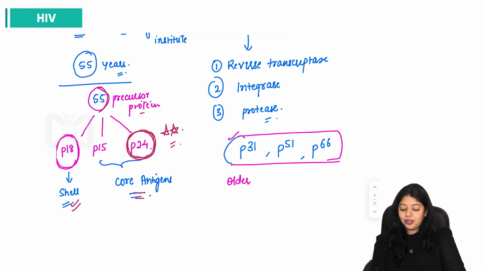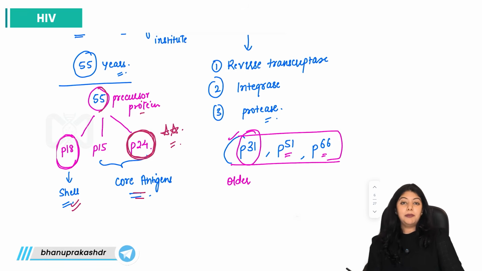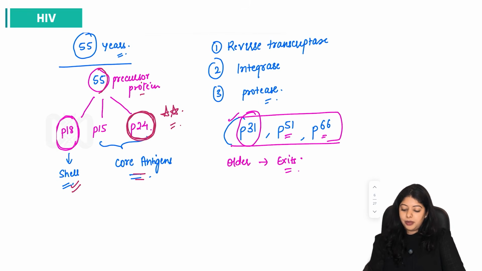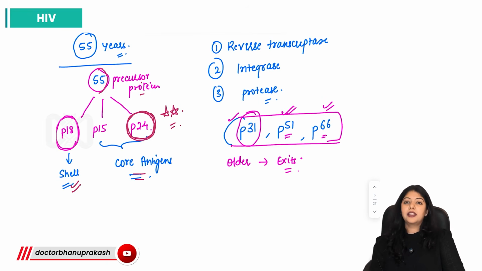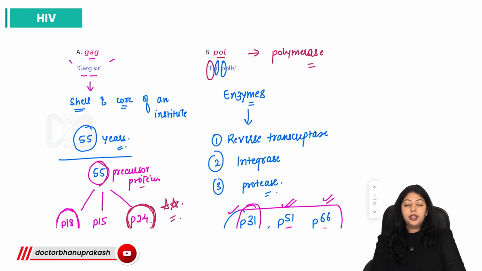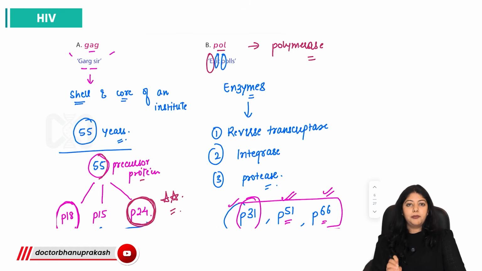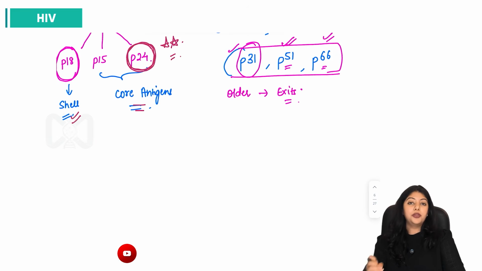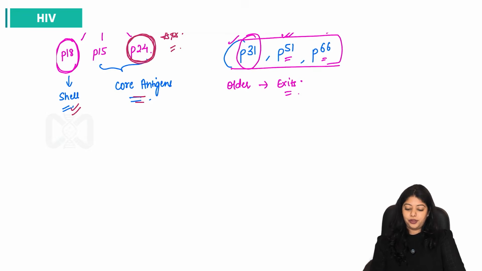I'm not talking about the 31-year-old, but 51 and 66, aged people. So this is how we learn that these numbers are coding for the Pol gene: P31, 51 and 66. Remember these two structural genes and their important numbers, and these numbers will also be used in a later section on diagnosis.